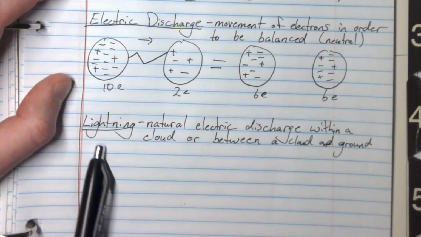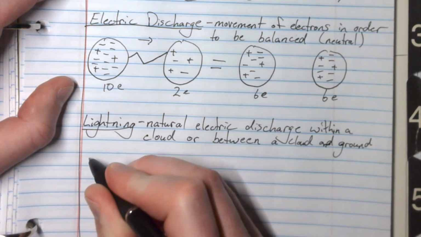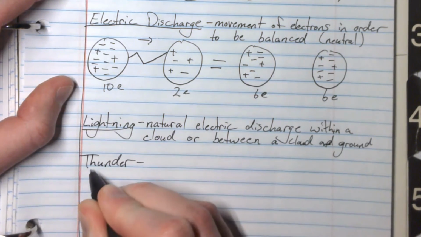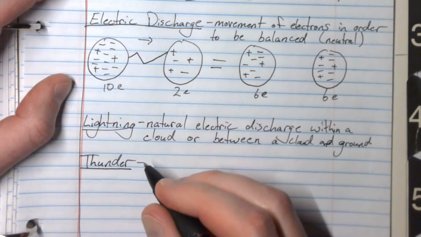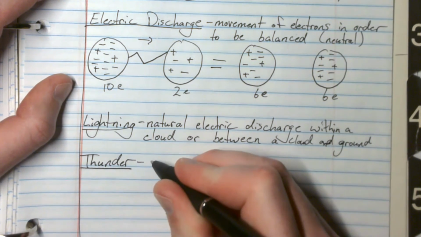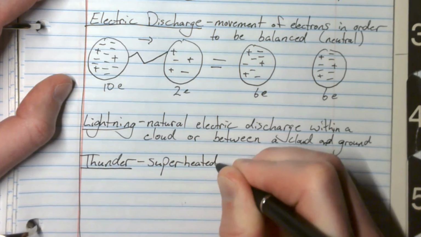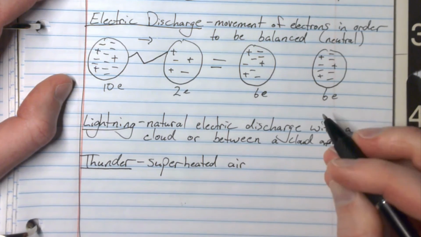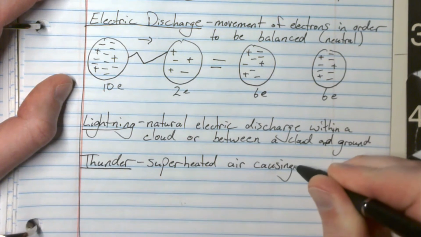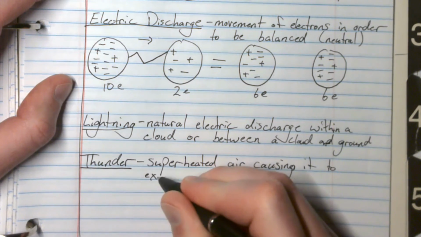So something really cool that happens with lightning is actually thunder. Thunder is caused by this superheated air, causing it to explode outward.